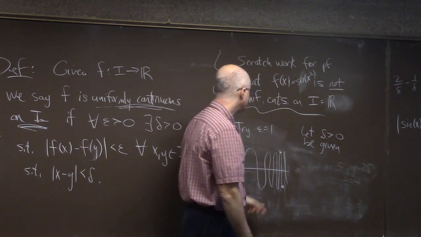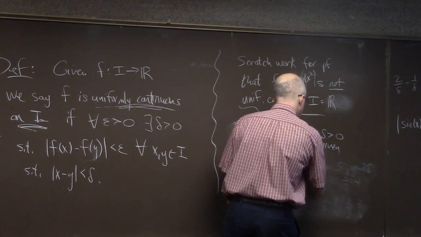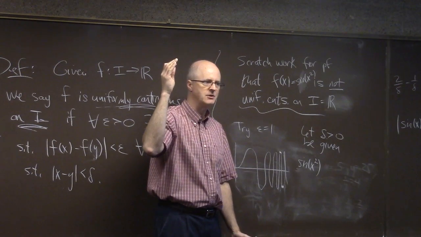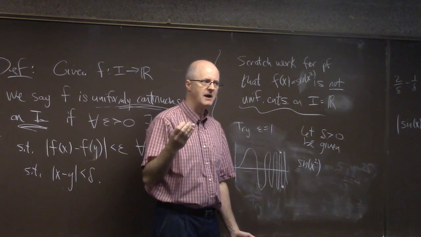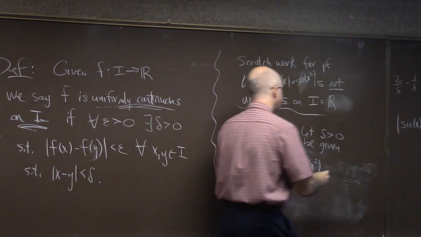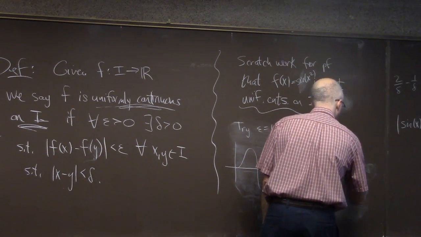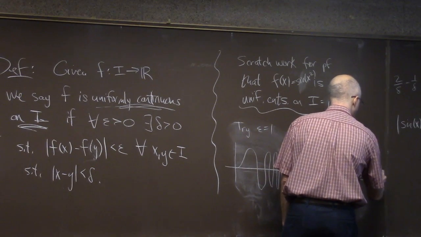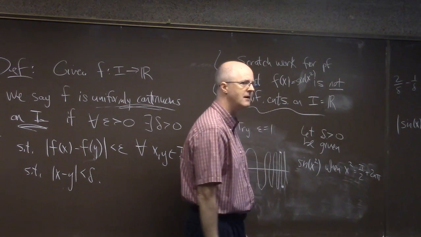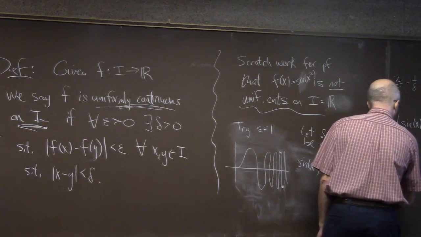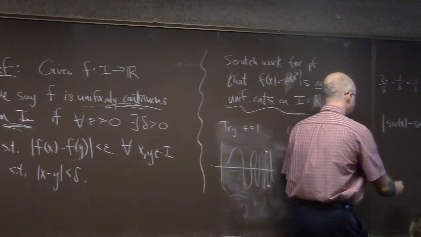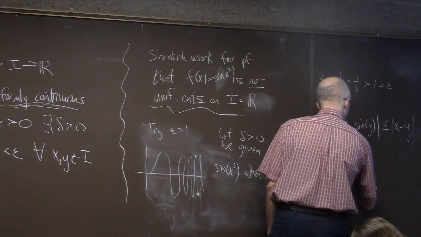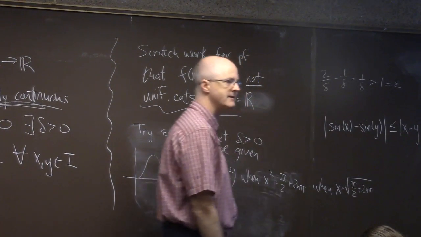I know the sine function will equal positive 1 when the input is pi over 2 plus some integer multiple of 2 pi. This will be when x squared equals pi over 2 plus 2n pi, where n is an integer. And that's going to happen when, at least for positive values of x, x is the square root of pi over 2 plus 2n pi, where n again is a positive integer.